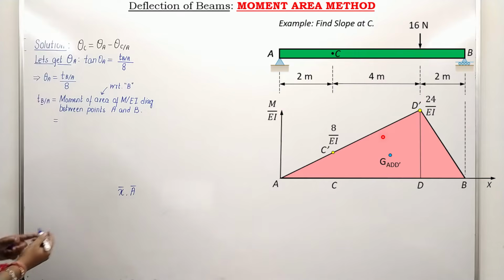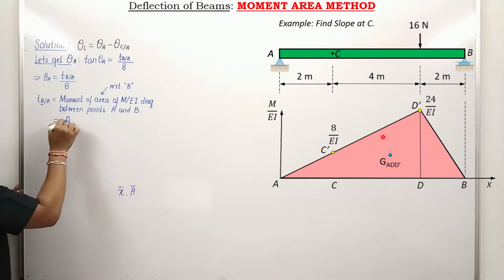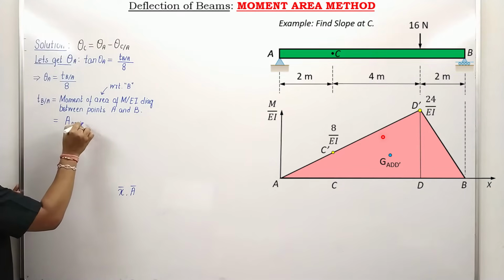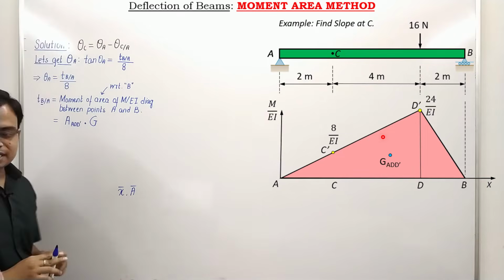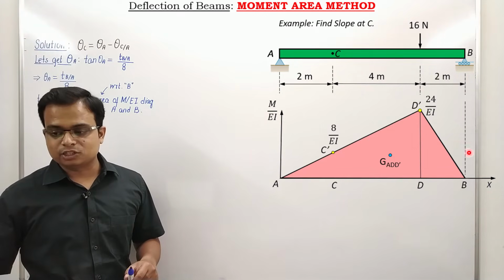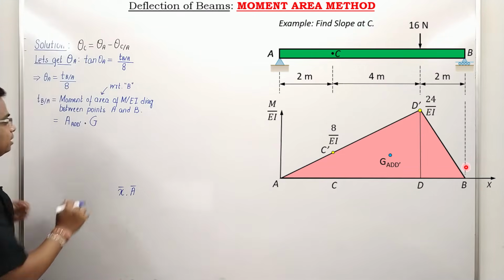Anyway, so this can essentially be written as area ADD dash multiplied by centroid, and its distance has to be measured. G of ADD dash has to be measured from this dashed line you can see. Okay, this G of ADD dash.